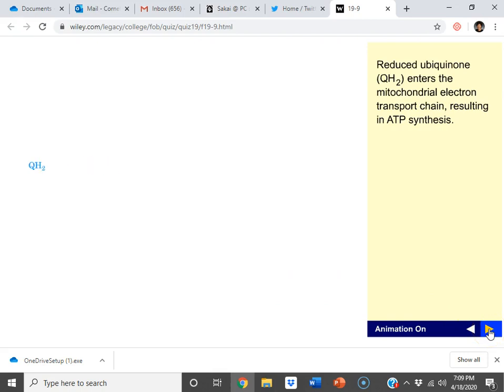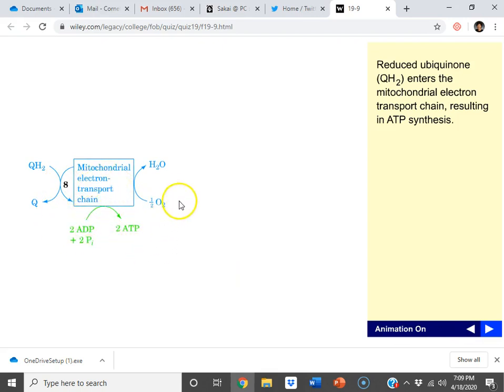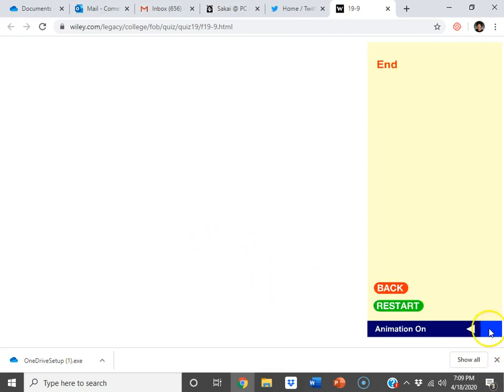Now it's okay, and they're going to continue this. So you can tell this is an old video because they show that for every QH2 that goes through the electron transport chain to oxygen to form water, you form 2 ATPs. Remember, there's a little proton leakage, so it's really 1.5 ATP. So you can tell this is an old animation.